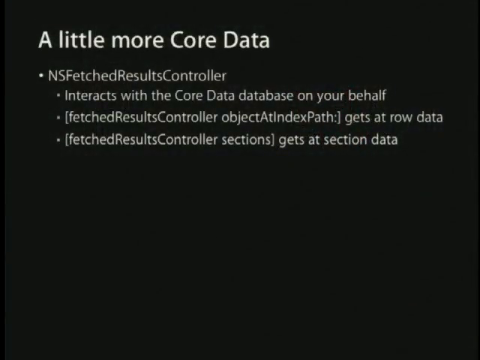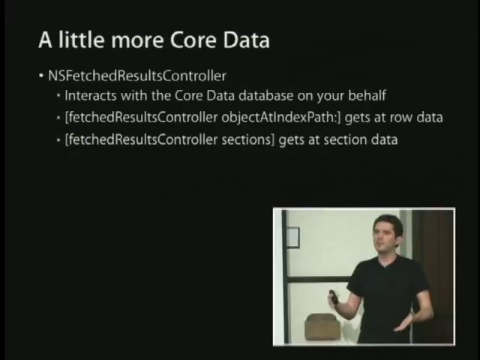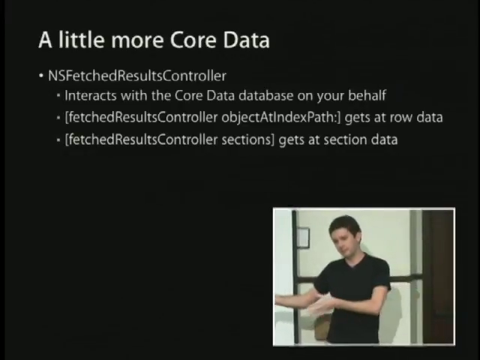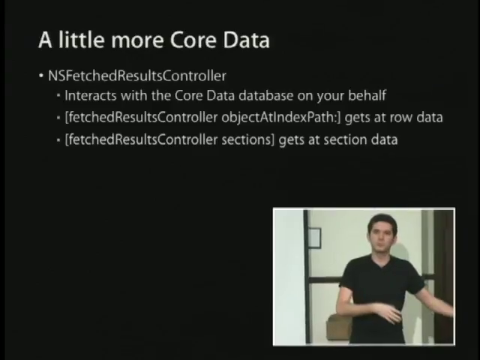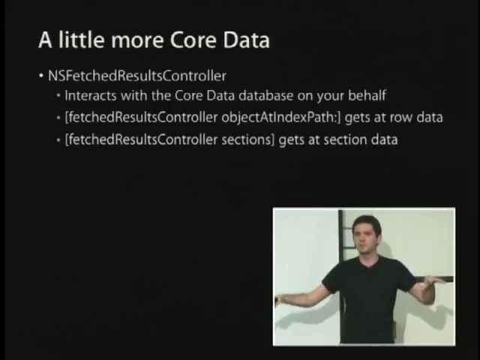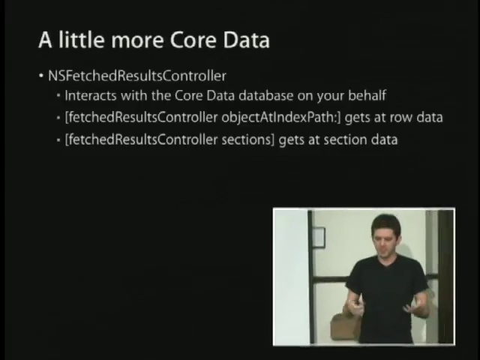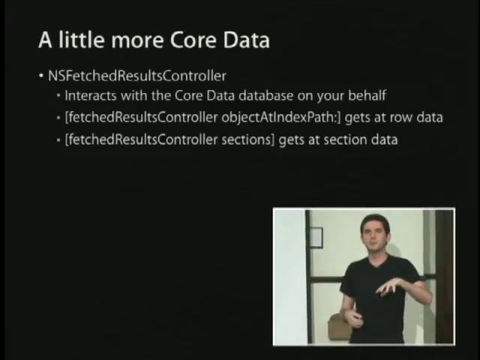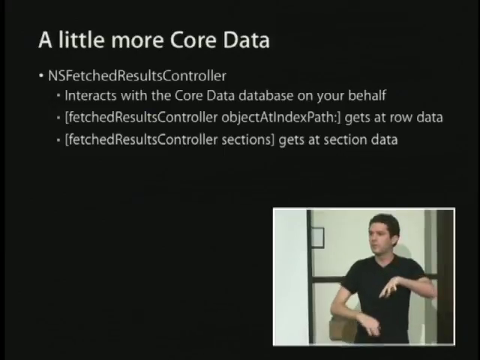NSFetchedResultsController is basically a predefined controller object that you can utilize. It kind of sits between the Core Data database and your own controller. So it's a little odd. It adds an extra controller layer inside your model view controller paradigm. But it basically sits there and is an intermediate between the Core Data database and your controller.